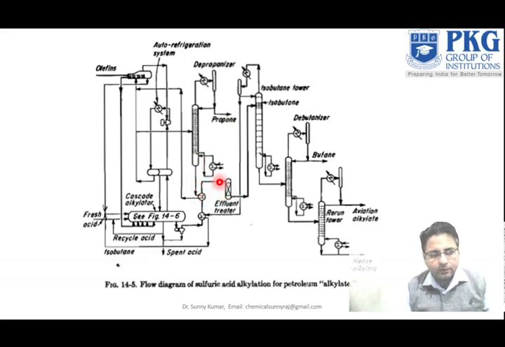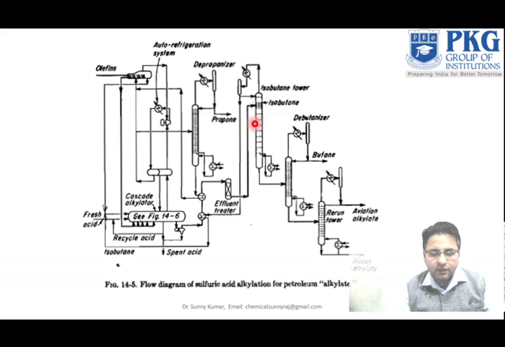And from the bottom, the residue, we will directly send to this effluent treater, and then directly send to this isobutane tower. So the first one is a depropanizer, and the second tower is an isobutane tower.